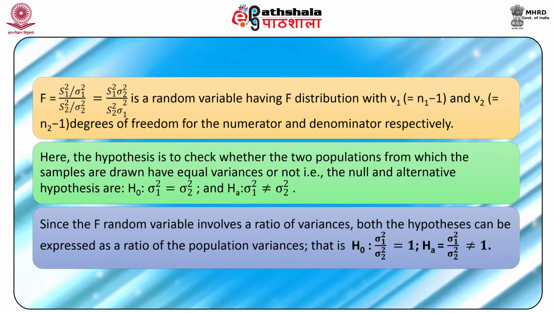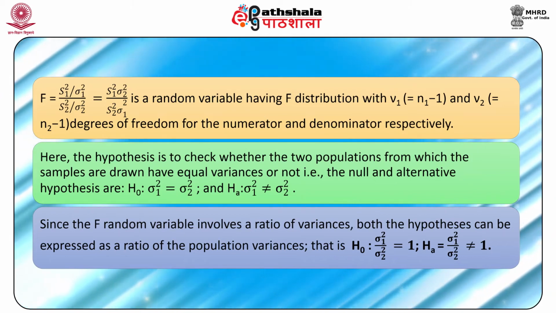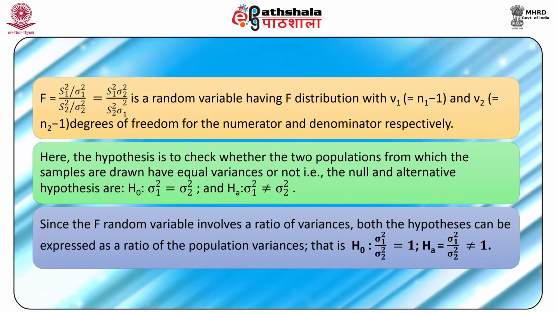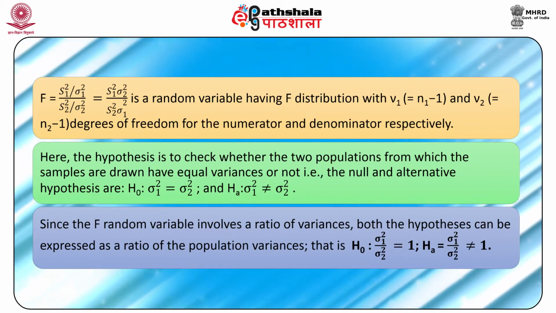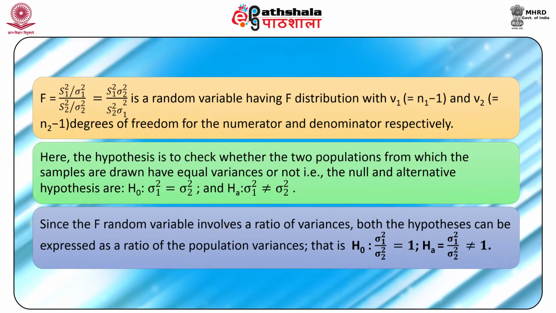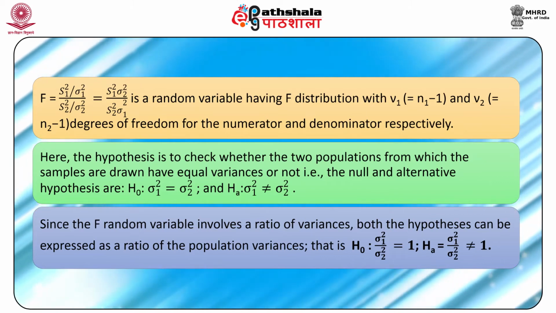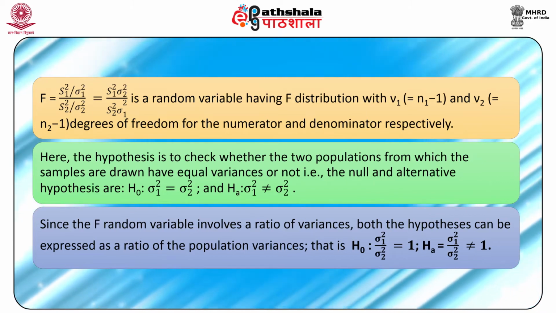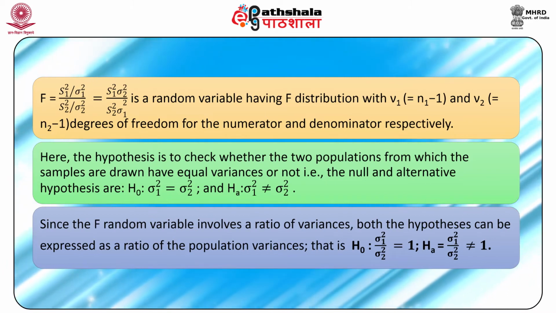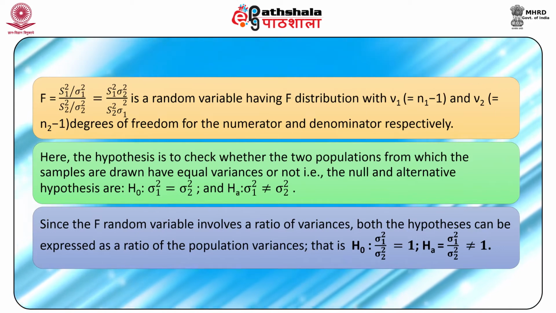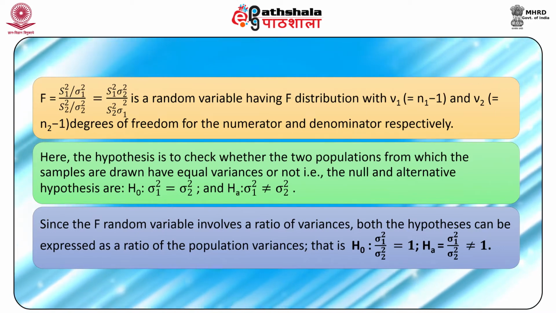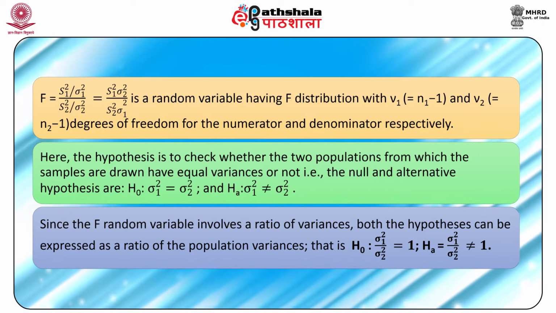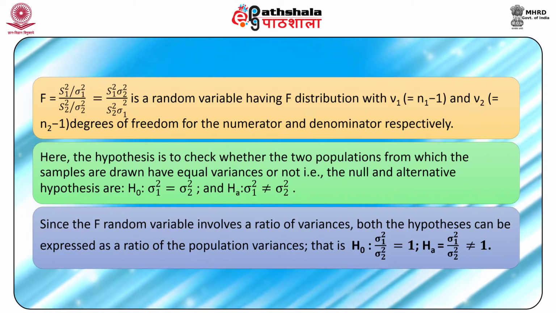Here the hypothesis is to check whether the two populations from which the samples are drawn have equal variances or not. That is, the null and alternative hypotheses are H naught: sigma 1 square is equal to sigma 2 square, and HA, our alternative hypothesis: sigma 1 square not equal to sigma 2 square.